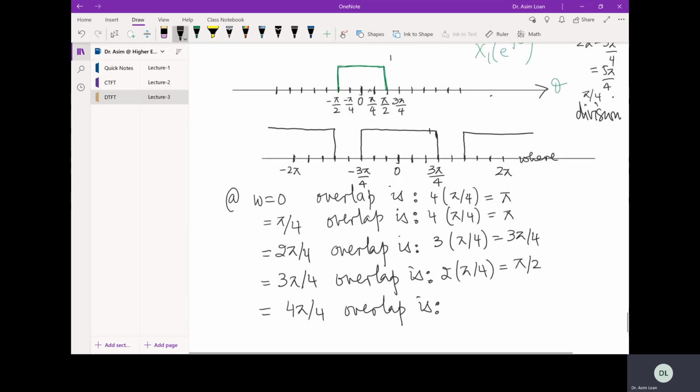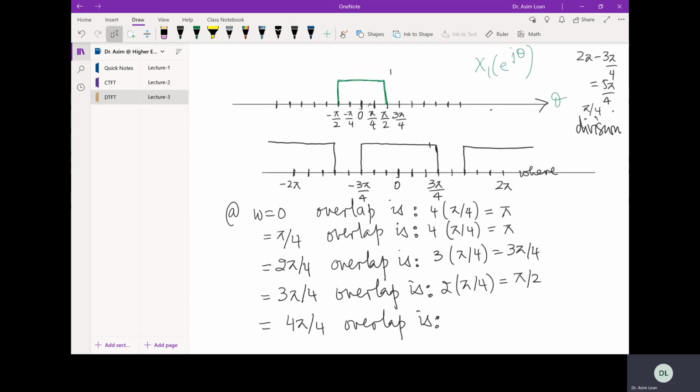What about the last one? Whether I shift to the left or right, it is plus minus, because this is symmetrical. So for the last one, if I pick this one and shift it, my 0 is going to be at pi.